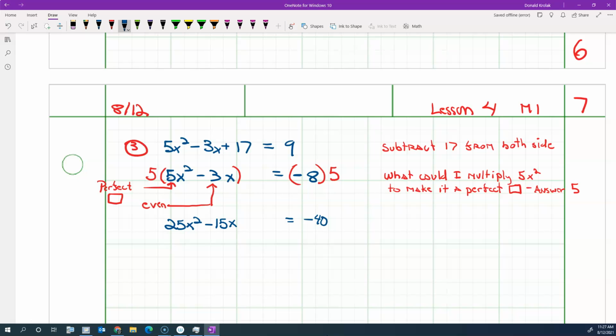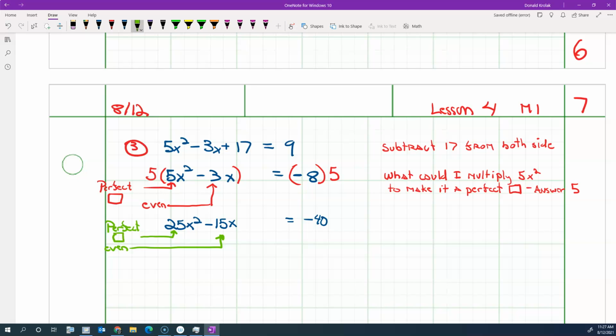All right, now we're almost there, because now this is a perfect square, but that's odd, and we want it to be even. That number there has got to be an even number. Exactly, yep. Perfect square, yep.